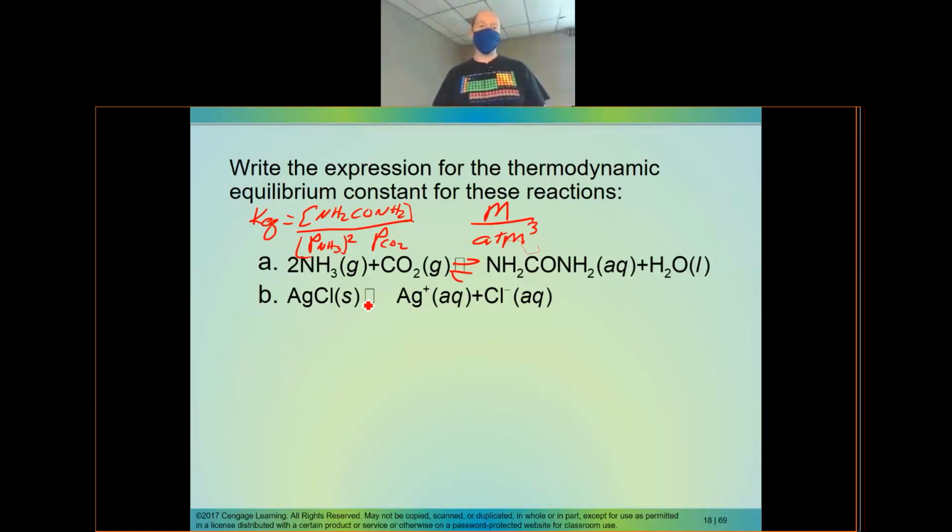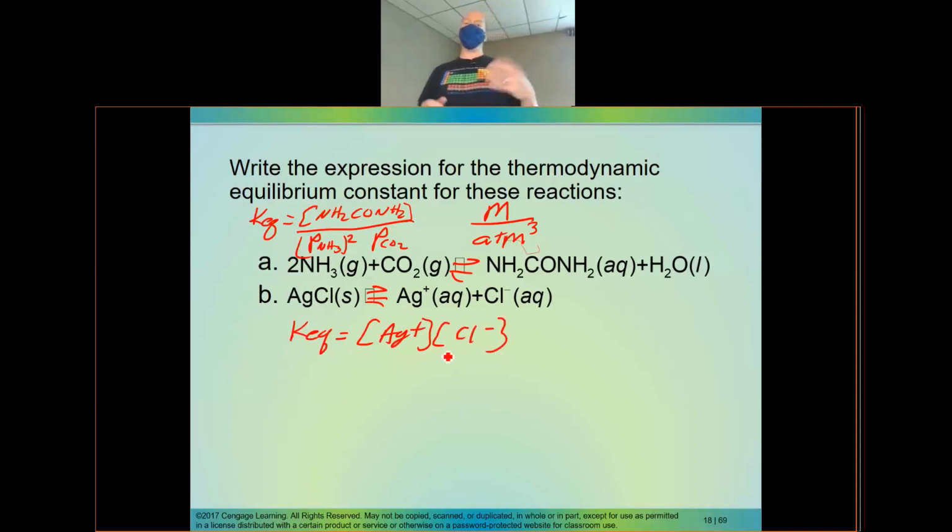Now the second one is not unique at all. We know that one. And so our KEQ is the concentration of Ag plus times the concentration of Cl minus. All right, so this is the first K value where it's the same as Kc. This KEQ is the same thing that you would get if you wrote the Kc.